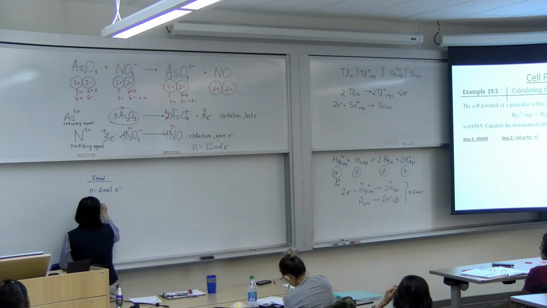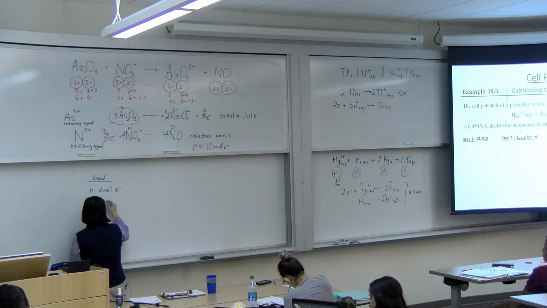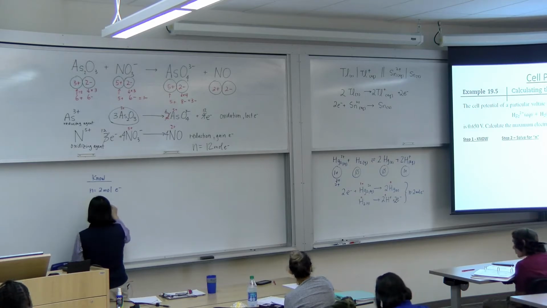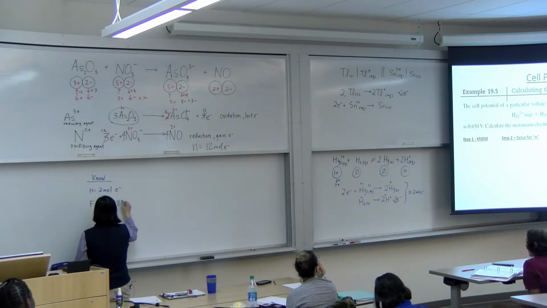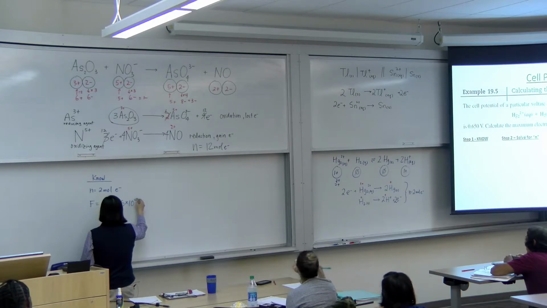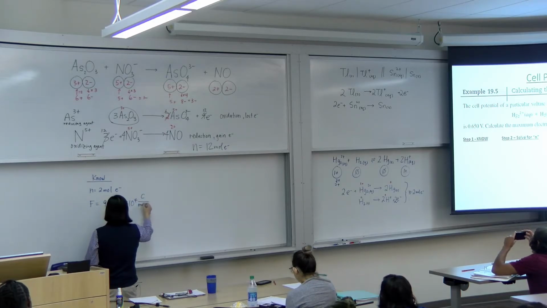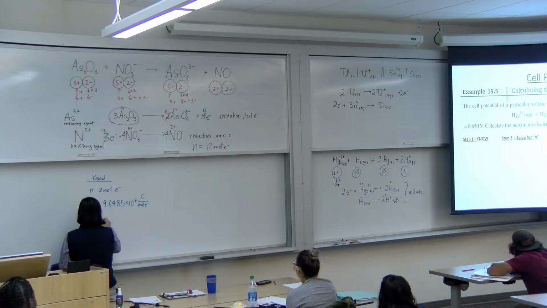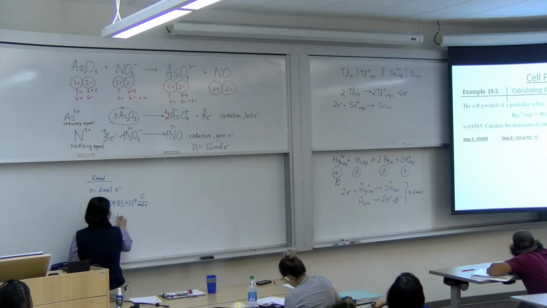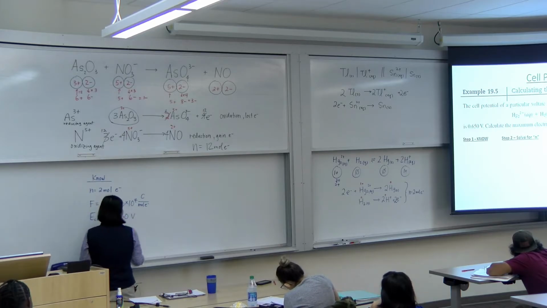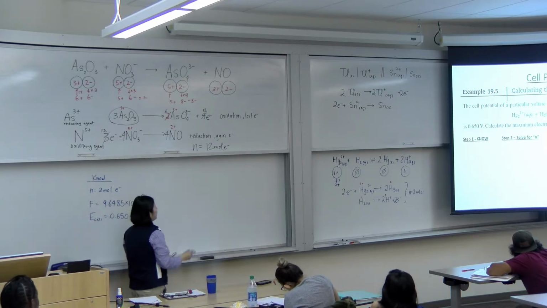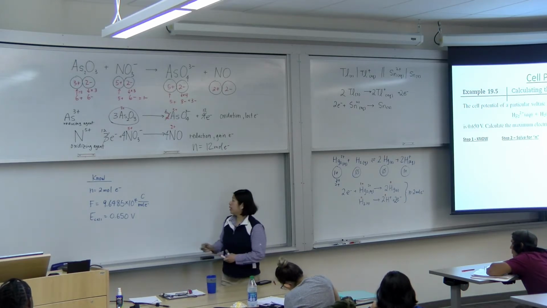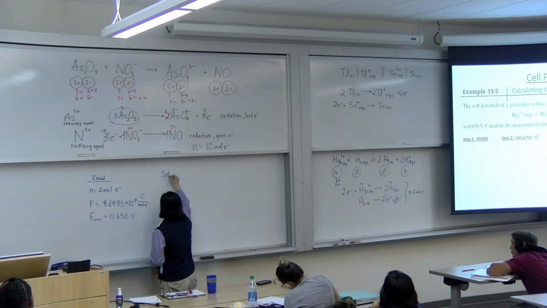Faraday's constant is equal to 9.6485 times 10 to the 4 coulombs over moles of electrons. Did we all write this down? And our E cell is equal to 0.650 volts. So we solved for N. Now let's plug it in and solve for W max.